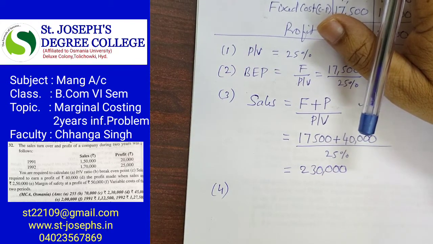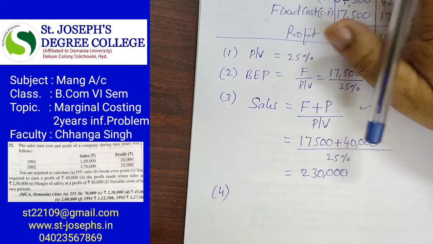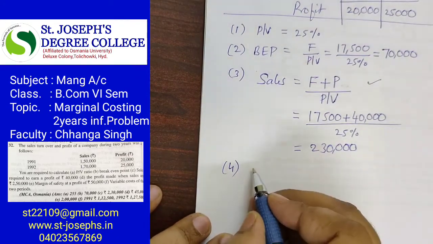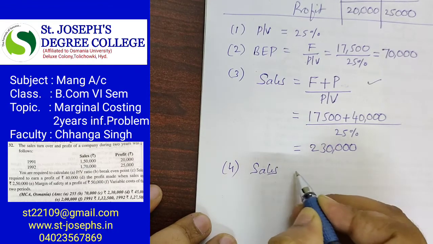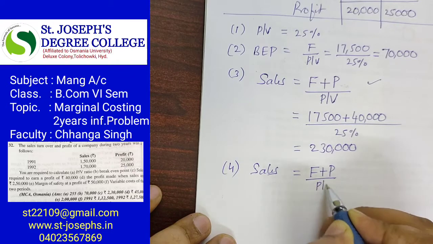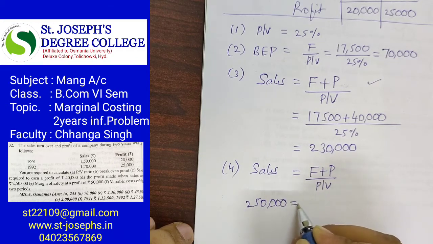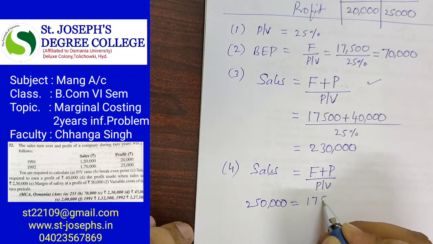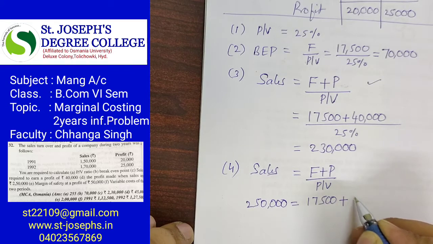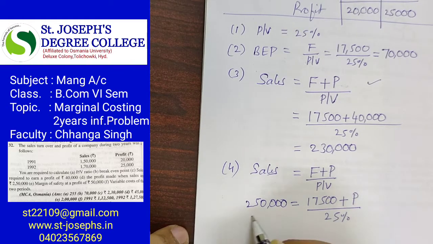Next point is the reverse of this one. The profit made when sales are 2,50,000. We can use this formula once again: sales equals fixed cost plus profit by PV ratio. This time sales is mentioned, 2,50,000. We are supposed to calculate profit. Fixed cost we know, 17,500. Profit we don't know. PV ratio we know, 25%.